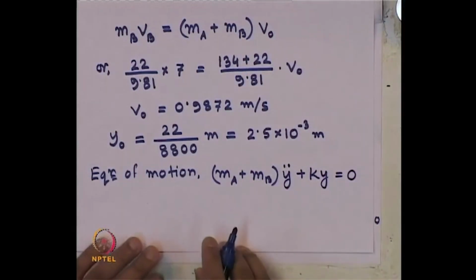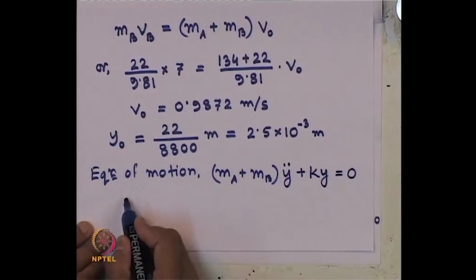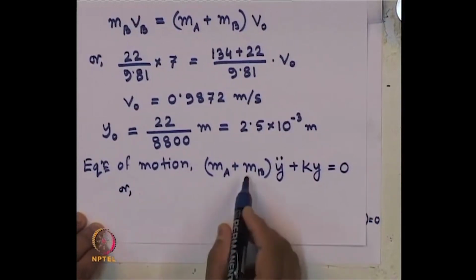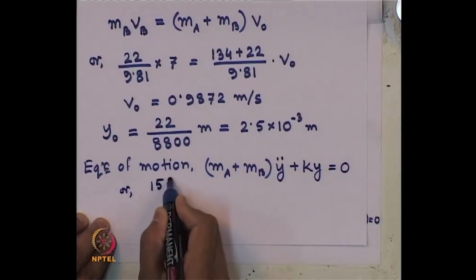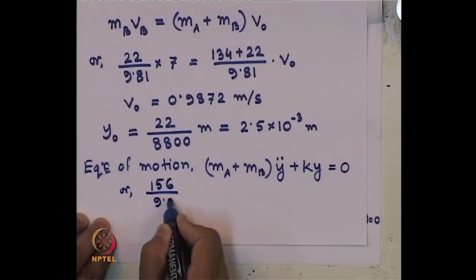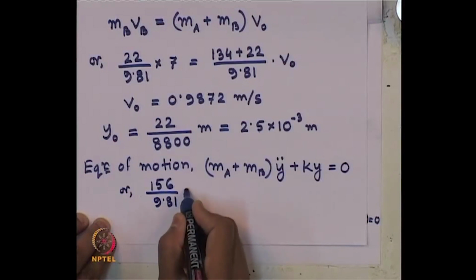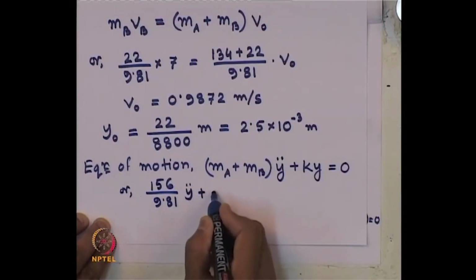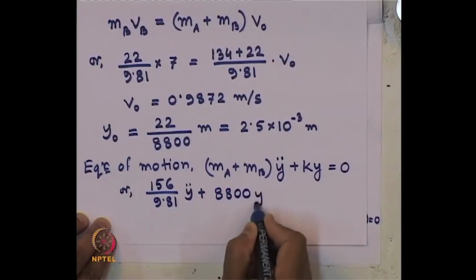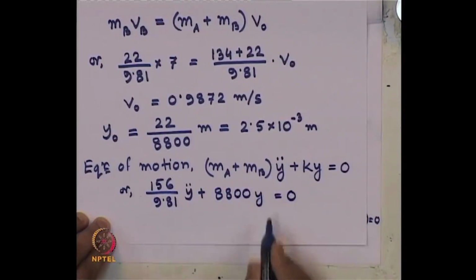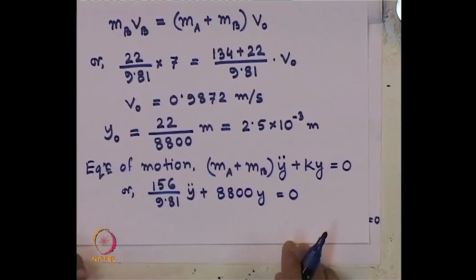There are no other forces acting on it. Now, from this we can write 156 by 9.81 y double dot plus 8800 y equals to 0. This is our equation of motion.